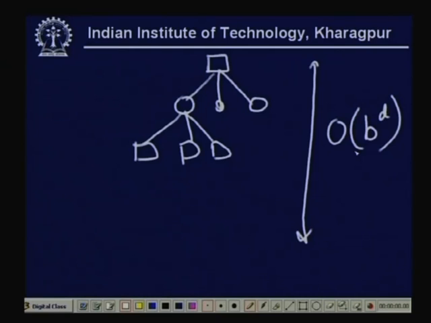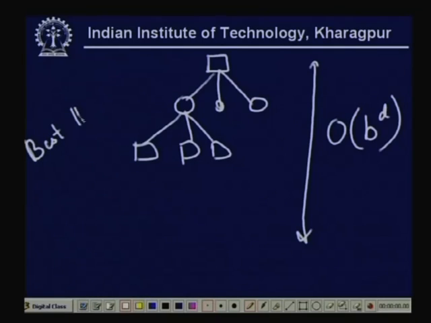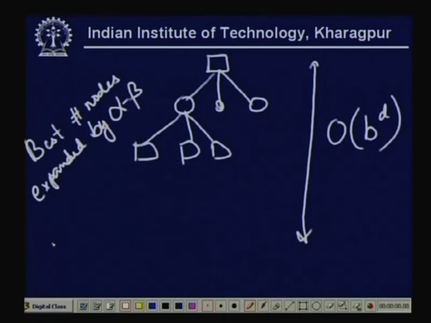It has been shown by Knuth that in the best case, the best or minimum number of nodes expanded or explored by alpha beta is order b to the power d by 2, which is square root of order b to the power d.